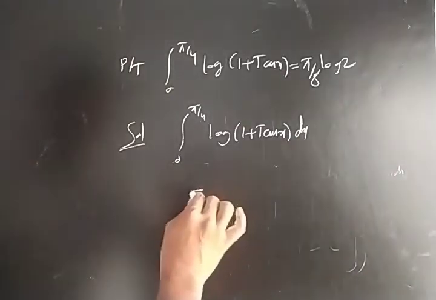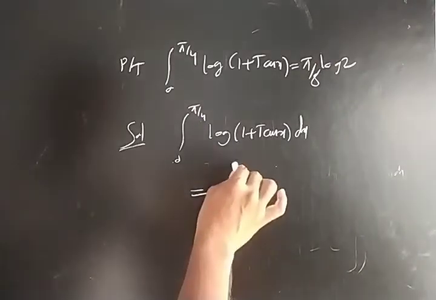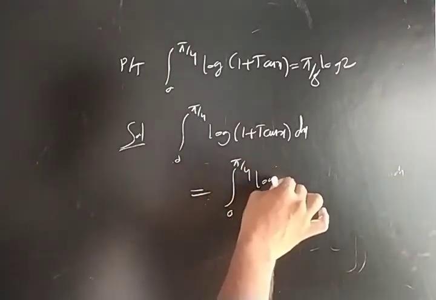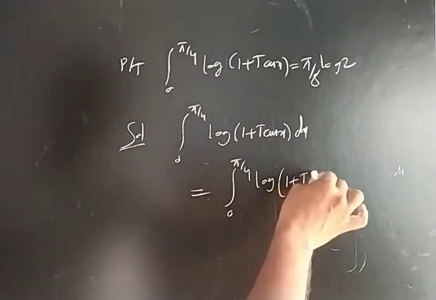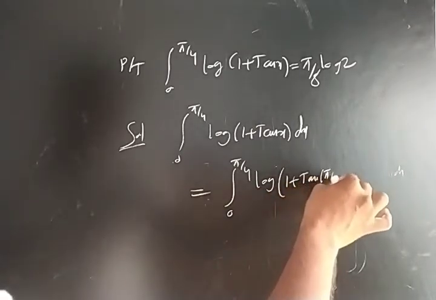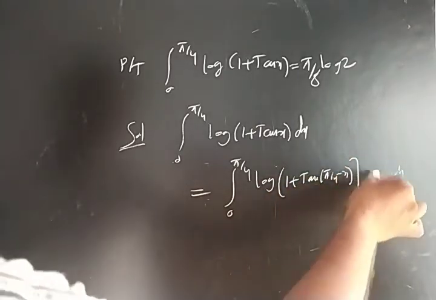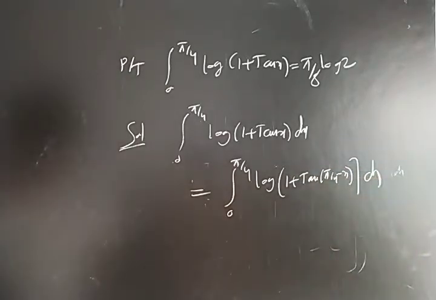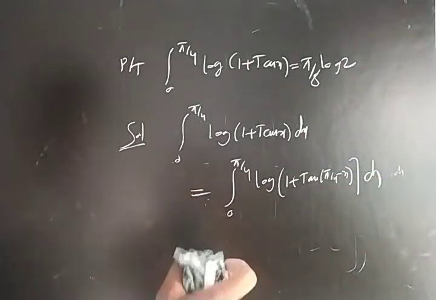So this function we can write as the integral from 0 to pi by 4 of log of 1 plus tan of pi by 4 minus x dx.